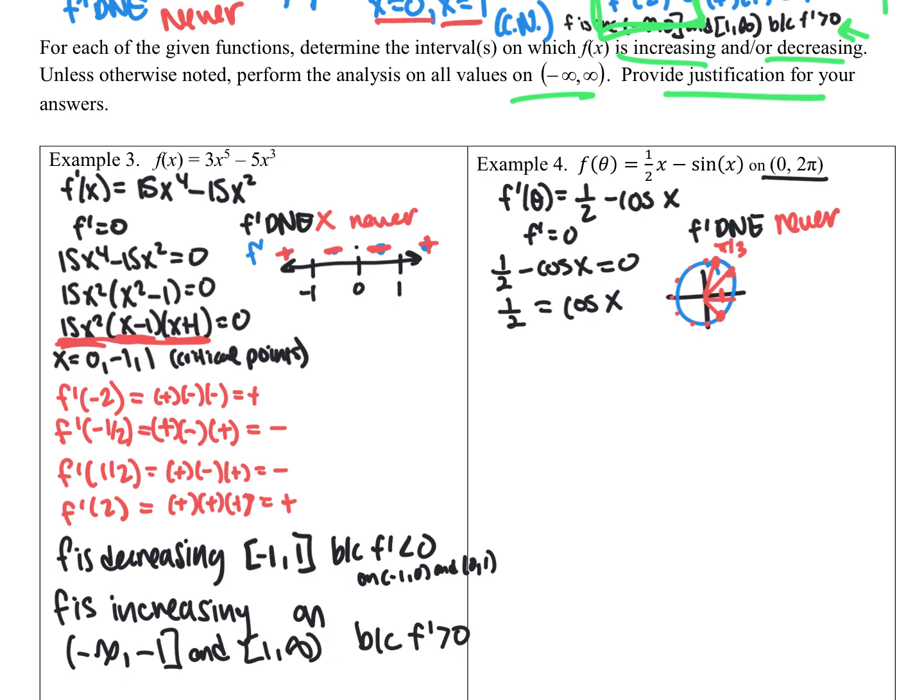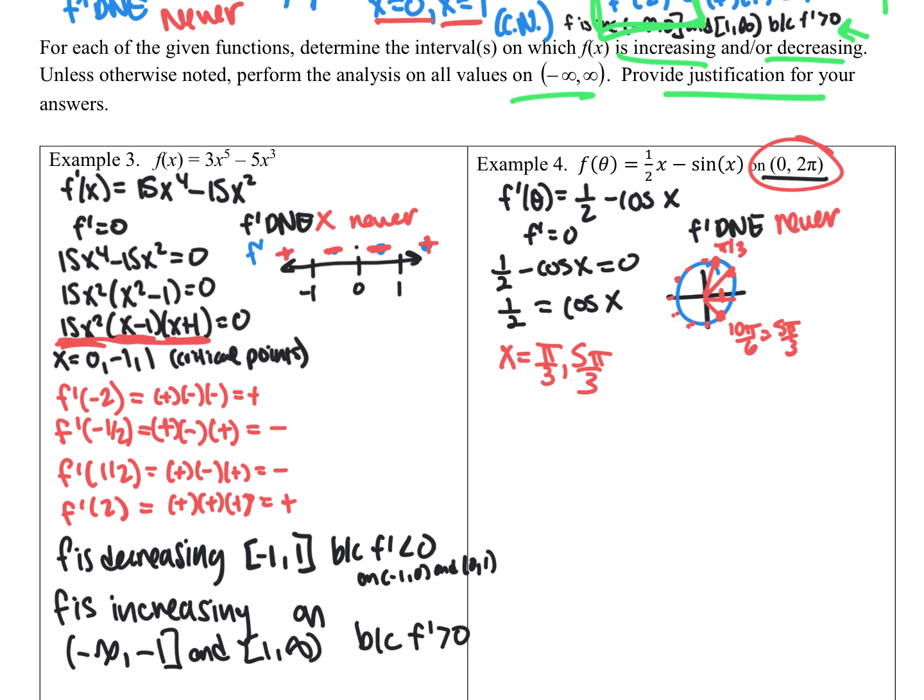Oh, I missed the top. 1, 2, 3, 4, 5, 6, 7, 8, 9, 10 pi over 6, which simplifies down to 5 pi over 3. Okay, so this is going to be at x equals pi over 3 and 5 pi over 3. We don't have to worry about after 0 and 2 pi because we're only doing one revolution of the unit circle. Okay, but there are two places where the x value is 1/2, both of those angles.